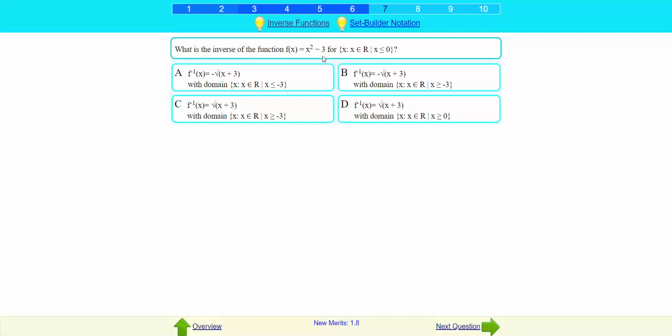So let's just say y plus 3 equals x squared. So the square root of y plus 3 equals x. And then we need to satisfy the domain. The domain has to change. It has to be greater or equal to minus 3.